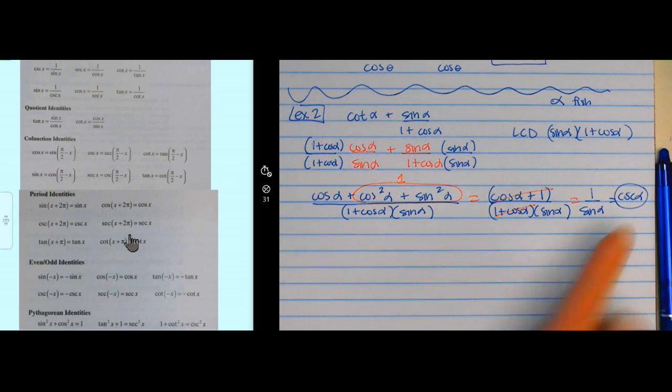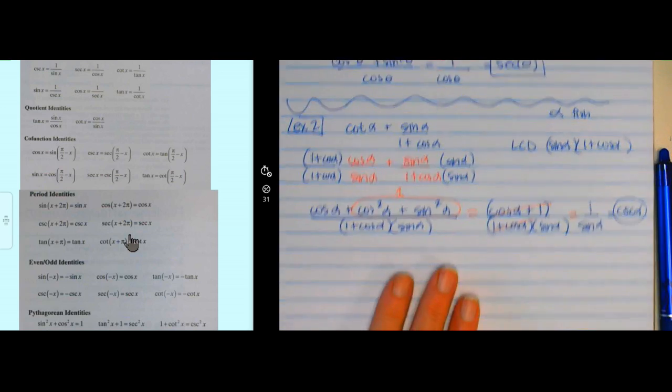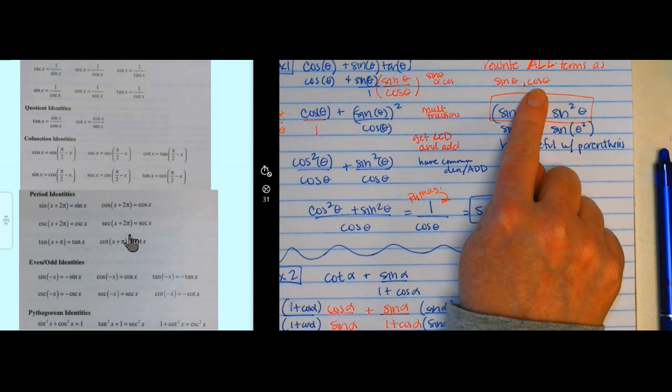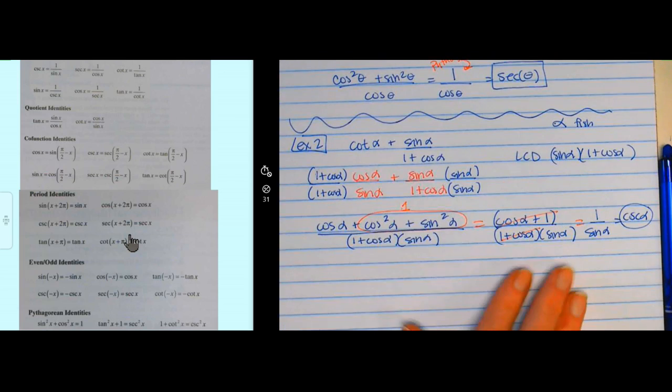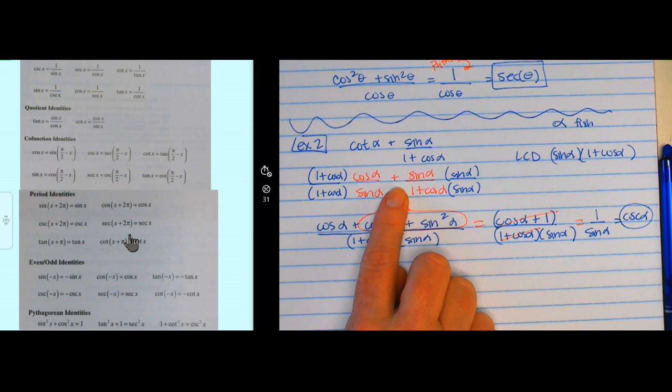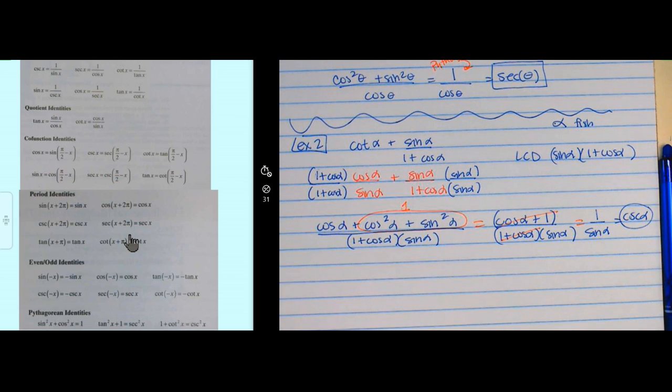For homework tonight, you have a few problems to try so that you can try these on your own. Step 1. Rewrite all terms as sine or cosine. Then if you have something that says, okay, add, in order to add, you have to have a common denominator. That's 5th grade news.